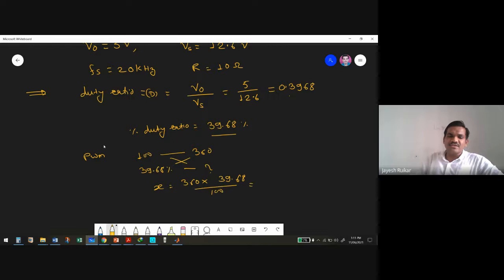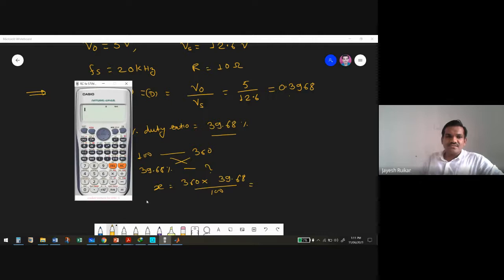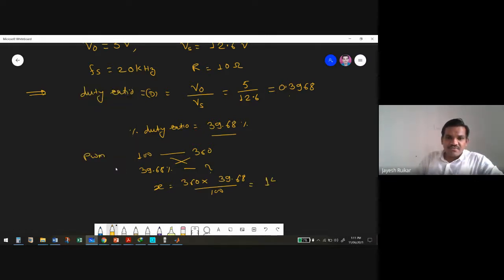That gives the range from 0 to which degree the PWM pulse is generated. So it comes to 142.85 degrees.